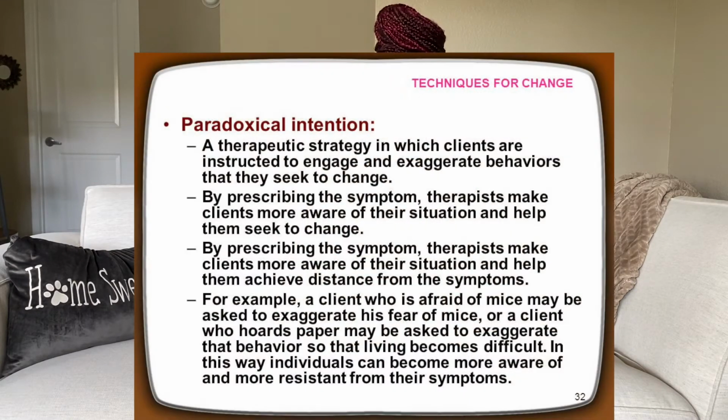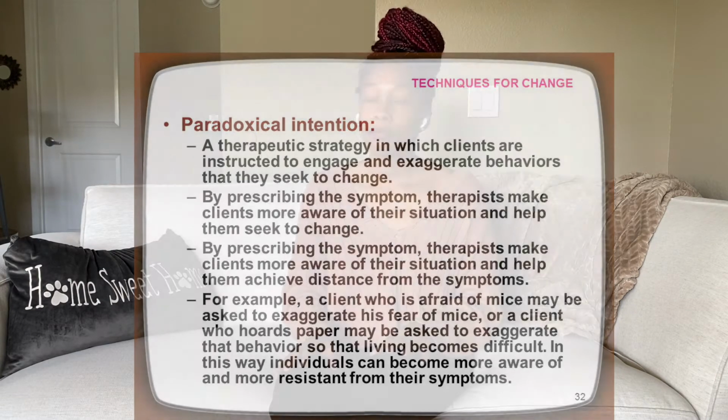So paradoxical tasks, I'm struggling, might be escalating stress or asking someone to do the opposite of what they might think to do, right? Escalating stress might be if you have two siblings who are arguing all the time, or a parent and a child who are constantly arguing.